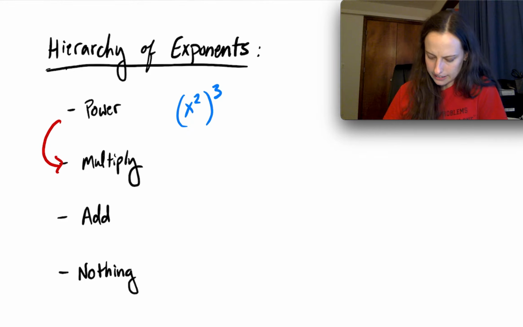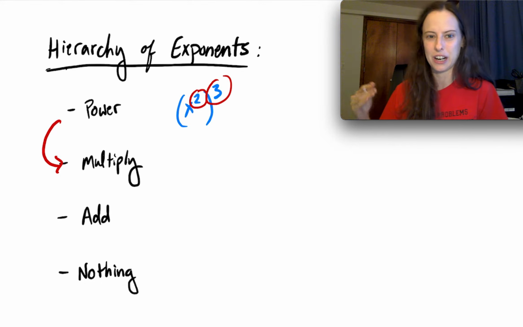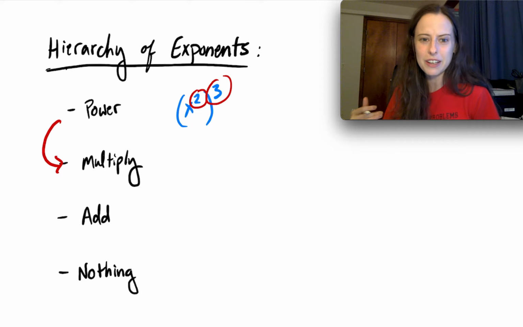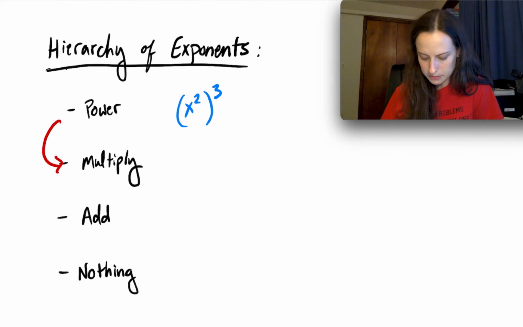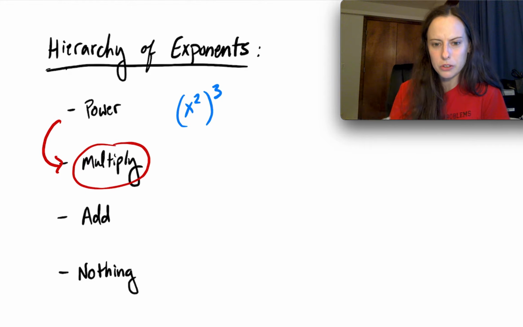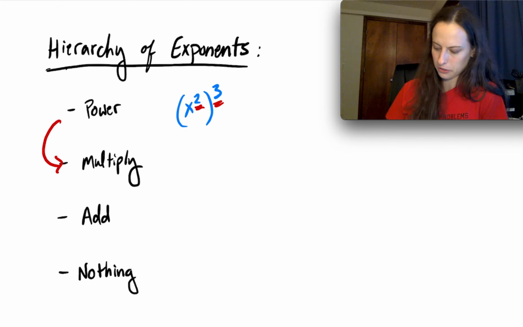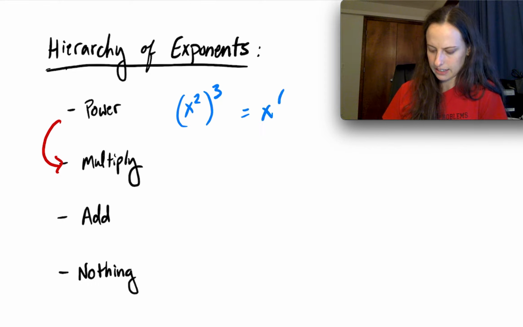If you're looking at this exponent of 2 and this exponent of 3, and you're wondering, what do I do with that? Do I add them? Do I multiply them? Do I try to combine them somehow? Here's your answer. We go one below, and we multiply the exponent 2 times this exponent 3, giving us an answer of x to the 6. 2 times 3 is 6.